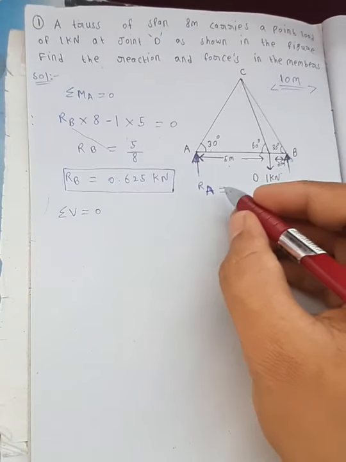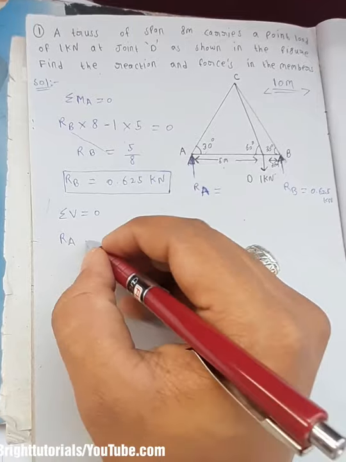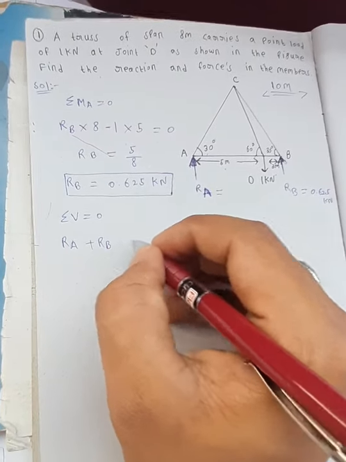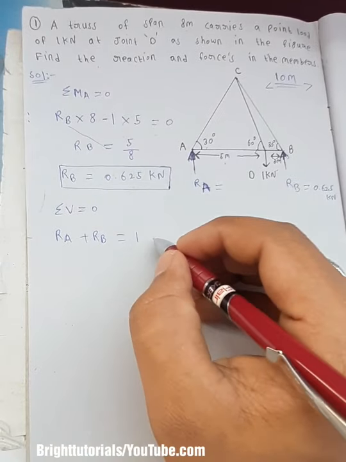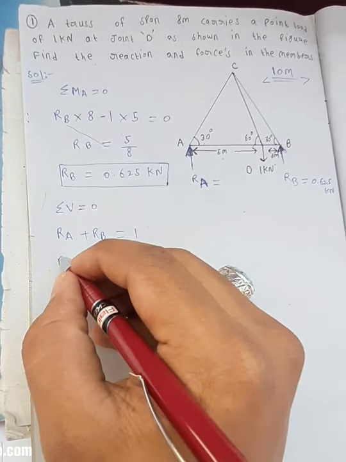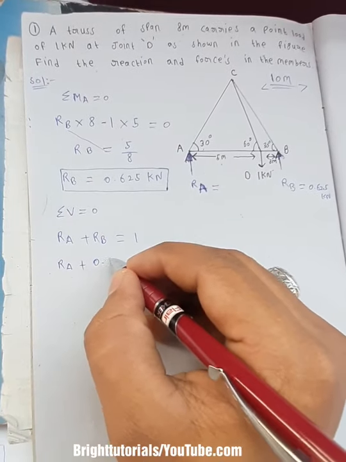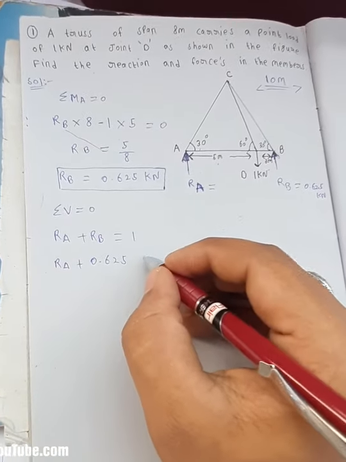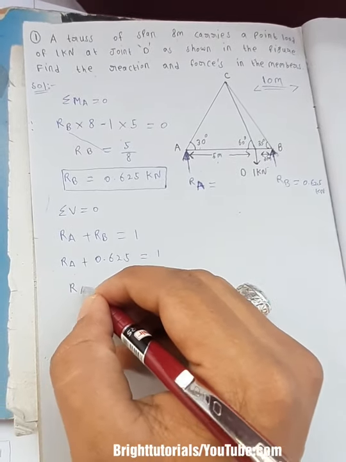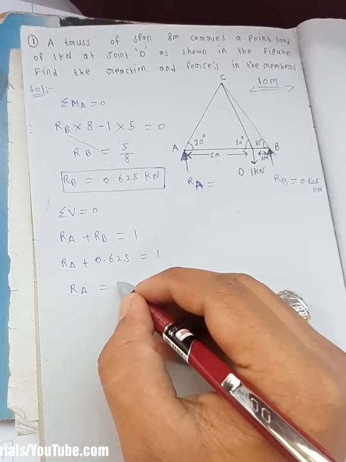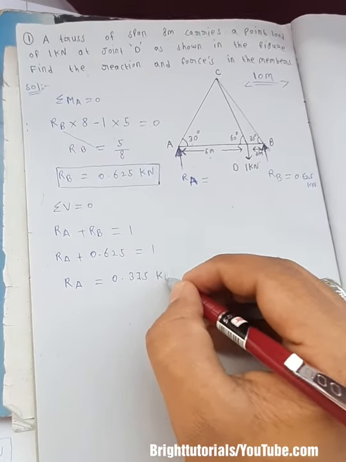That means RA plus RB equals to 1 kilonewton. So RA plus, we have the value of RB, 0.625 equals to 1. By solving this we can get RA equals to 0.375 kilonewton.